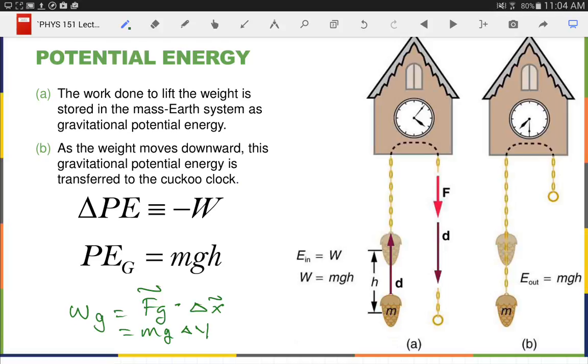That's what the work done by gravity is. And there's a minus sign that I didn't write. That minus sign would be because as y goes up, the force of gravity is down, so you'd have negative work. So the work from gravity is minus mg delta y, which means that the change in potential energy for gravity, so I'm just going to put gravity here.